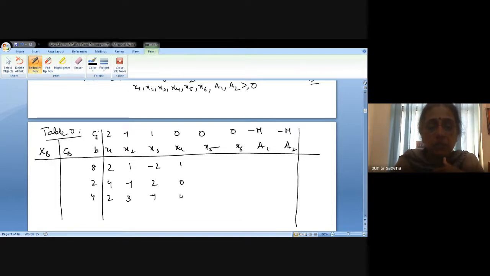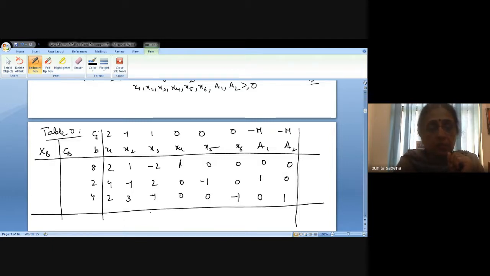X4 is 1, 0, 0, but X5 is 0, minus 1, 0, and X6 is 0, 0, minus 1. So they do not contribute to the identity part. However, A1 is 0, 1, 0, and A2 is 0, 0, 1. Is this okay now?